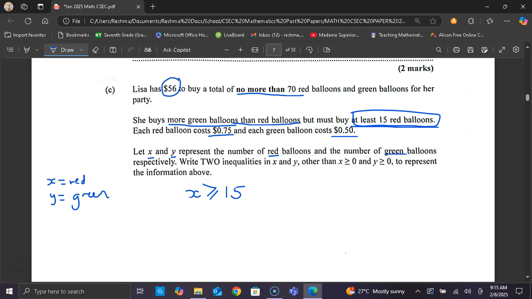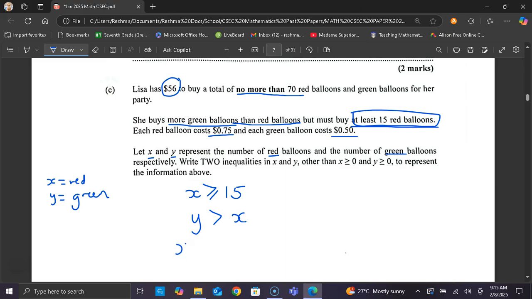So that's one inequality. If she has to buy more green balloons than red balloons, then the number of green balloons, which is Y, has to be more than the number of red balloons, X. So that's another inequality. Also, she has to buy a total of no more than 70 red and green balloons together.